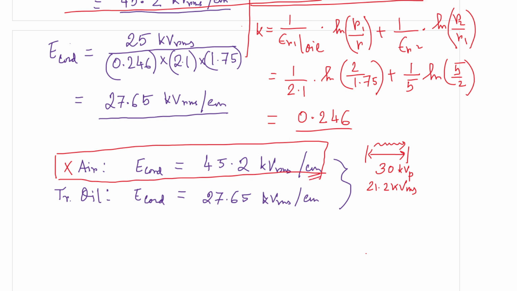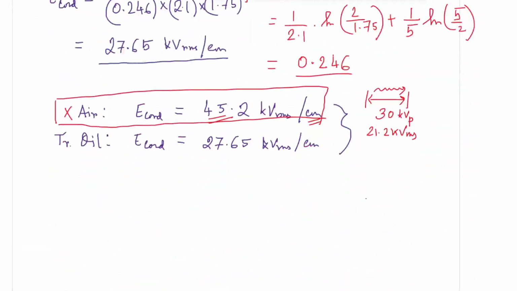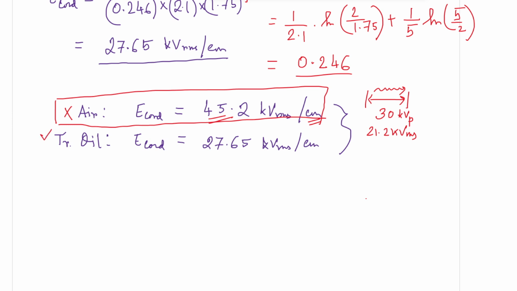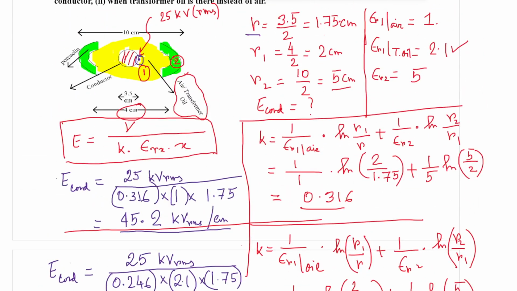It is a very dangerous value if you have air as your dielectric medium. On the other hand, with transformer oil the conductor stress is very low, 27.6. At least this is the safe value. So transformer oil is always a better alternative than air in a transformer.